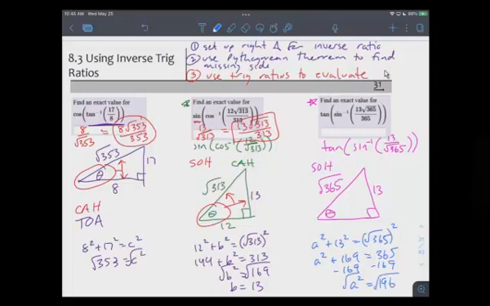Extract that root, and I get my a value to be 14. And once I have that as 14, I can then go back in and solve my tangent, which is TOA, with respect to my angle, opposite over adjacent. And so opposite over adjacent gives me my answer of 13 over 14 for that problem. Okay.